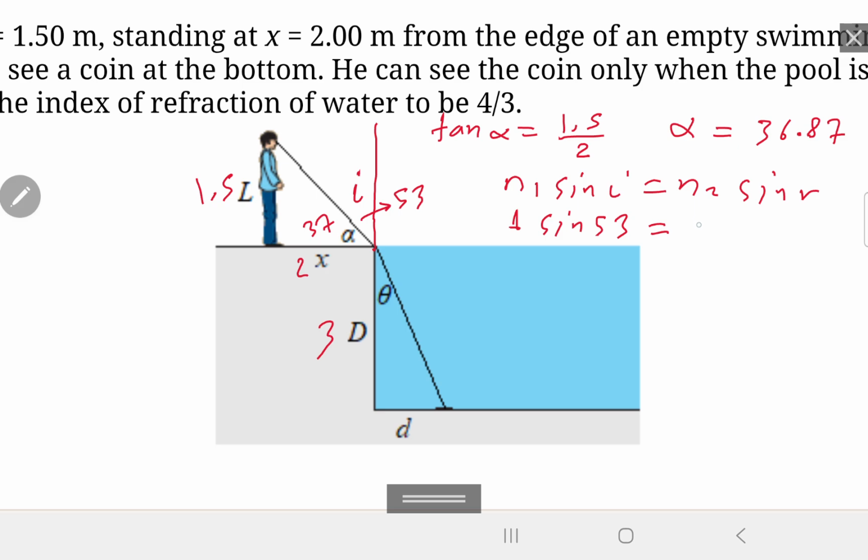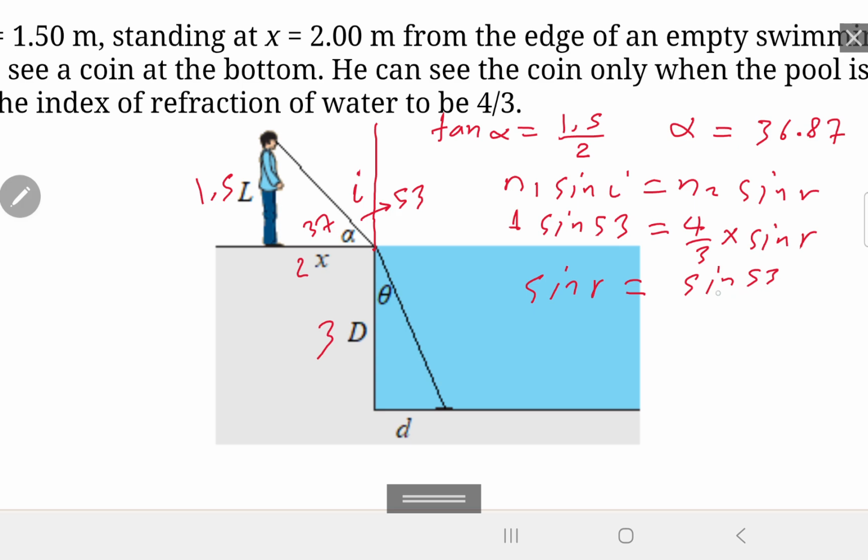N2 is the refractive index of water given to us here, 4/3, times sine R.